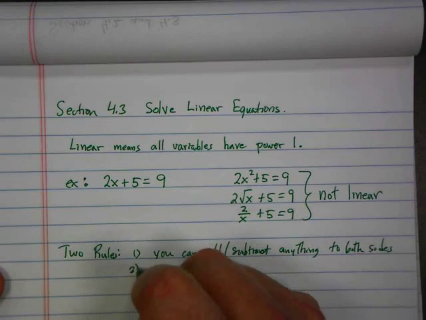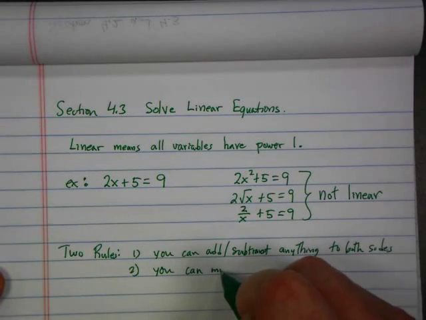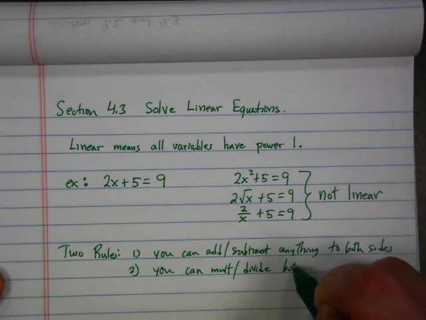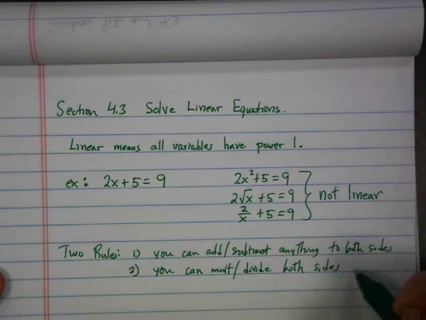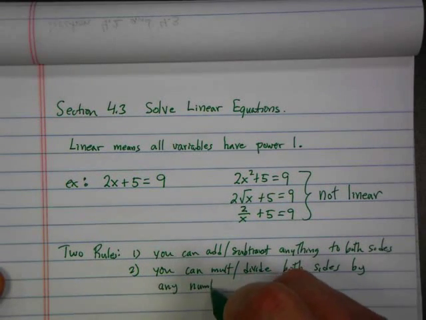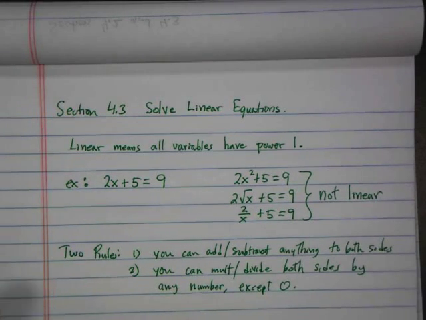And rule number 2, you can multiply and divide both sides by any number except the one bad number, and the one bad number is 0.